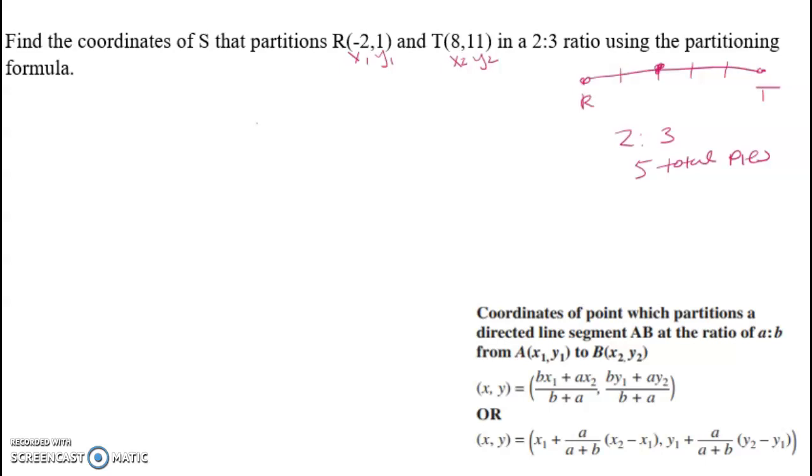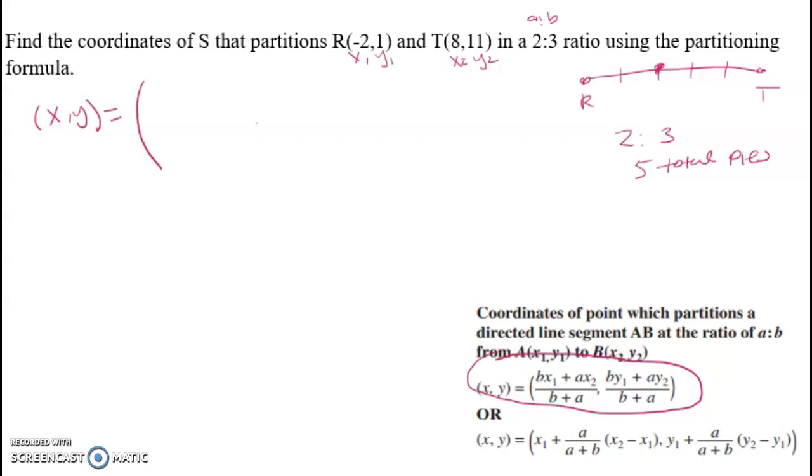I've got my ratio, and ratios are written as an A to B. So I've got my ratio, I've got my starting point, my ending point, and I can use either one of these formulas to calculate the point that separates that 2:3 ratio. I'm going to choose to use this top formula right here. And this top formula, I think, is just a little bit easier and more user-friendly. So my goal here is to find that coordinate. So the answer is a coordinate when you're partitioning and finding that point.